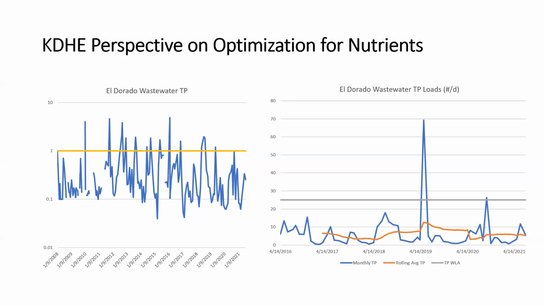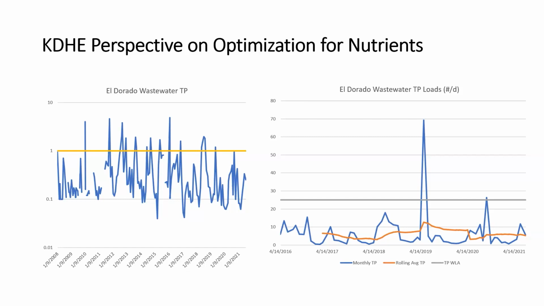The regulatory limit is a mass-based limit for phosphorus that combines the concentration output with the effluent volume that's discharged. And El Dorado, because of its good performance, has consistently remained below its waste load limit of 25 pounds per day of phosphorus.